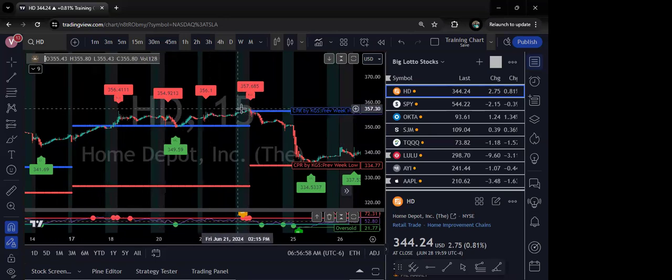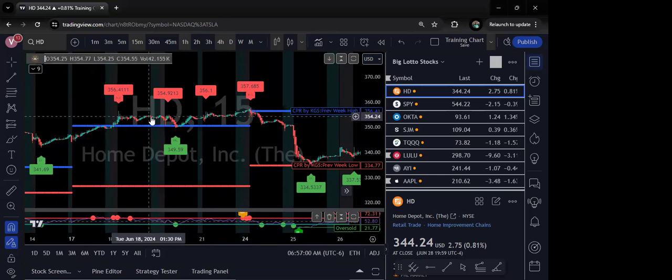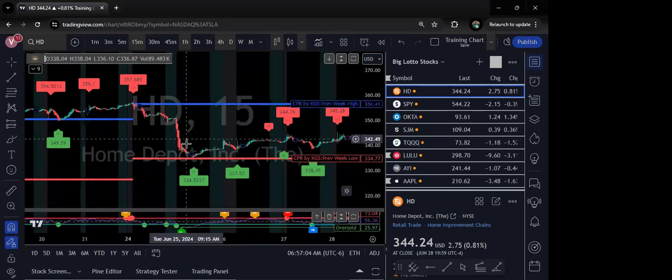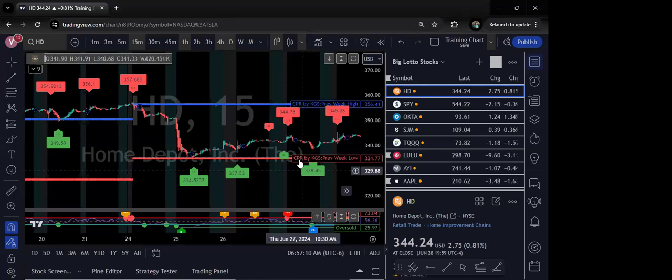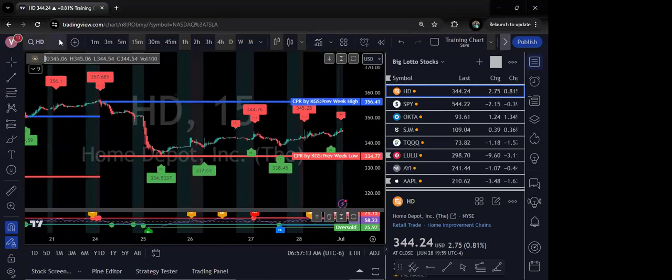This is a triple top. It was saying it's not going above this point, get puts. We're going down. It went down to the previous week low. And then after that, it was pushing itself back up.